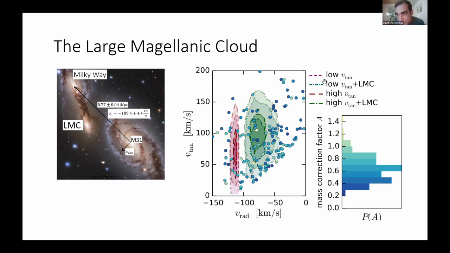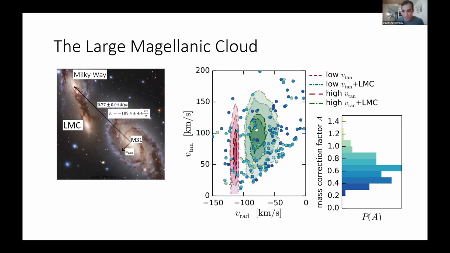Here you can see the different tangential velocity estimations. When we include the integration of the Large Magellanic Cloud, we get a different distribution. This is the distribution for the Milky Way, Andromeda and the LMC. But when we integrated the LMC inside, we got a different separation and velocities. So this gives us a different distribution due to the fact that the LMC changes the center of mass. Okay, so these are the two effects.